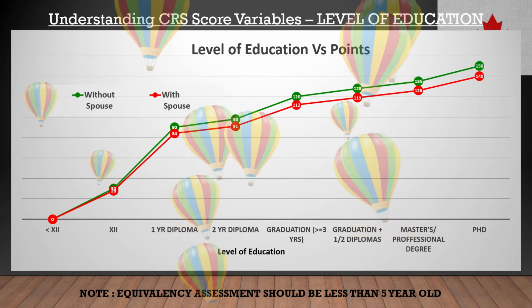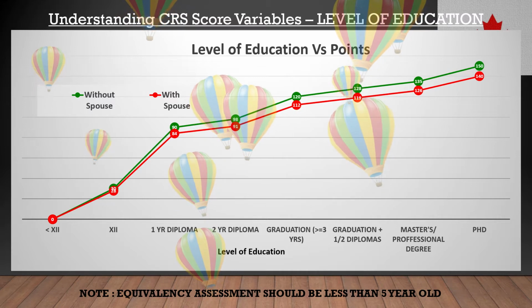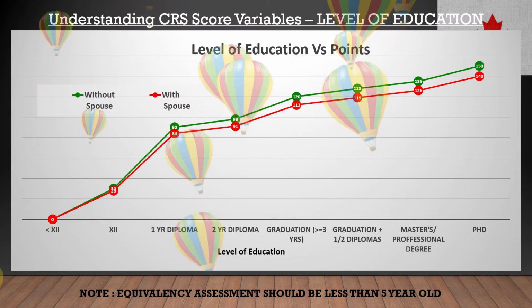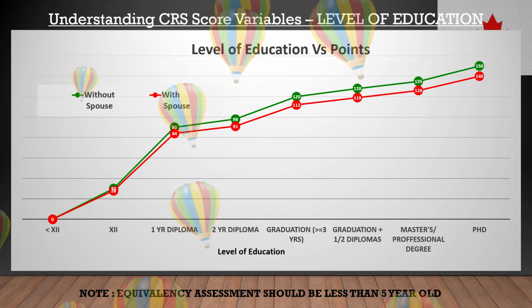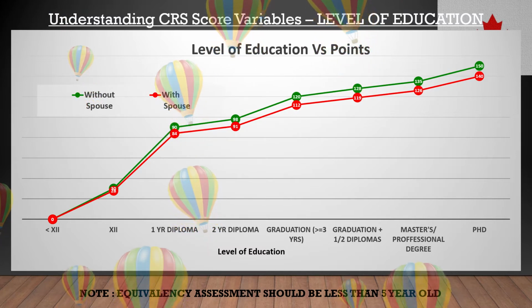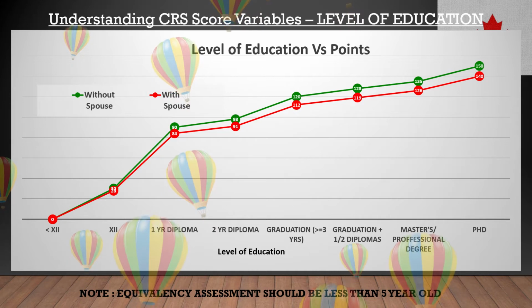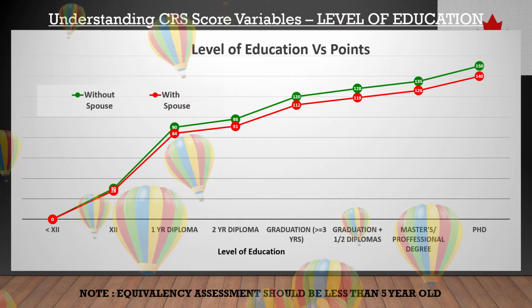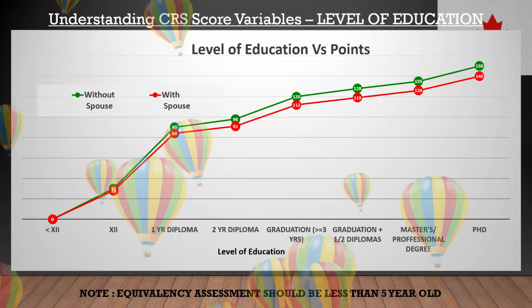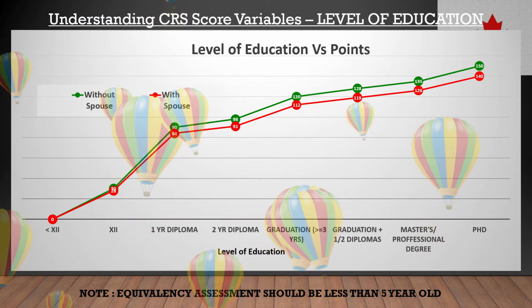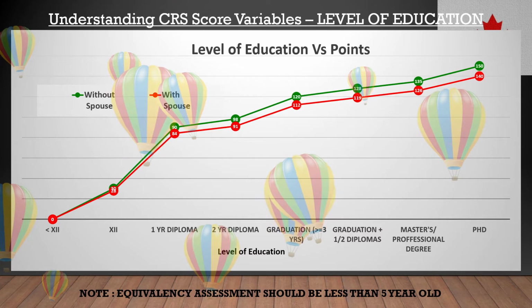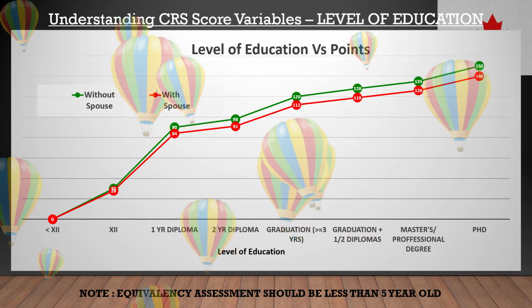If you are a 1-year diploma holder, a 2-year diploma holder, a graduate with greater than 3 years, a graduate with a 1 or 2-year diploma, you have a master's degree, or you have a PhD. Of course PhD being the maximum, without spouse, a PhD holder will get 150 points for level of education, and with spouse 140.